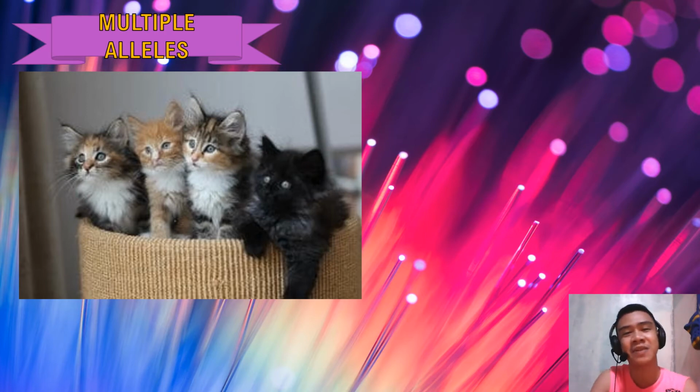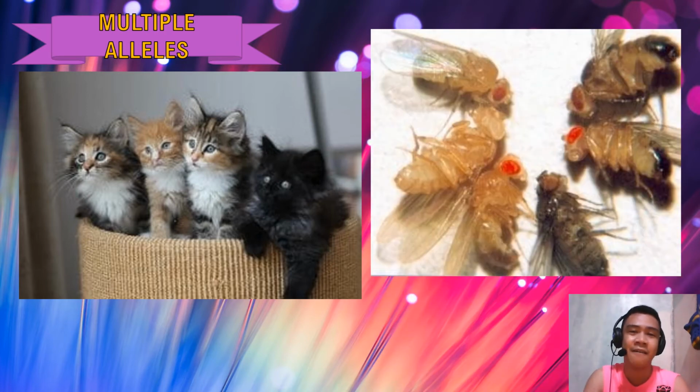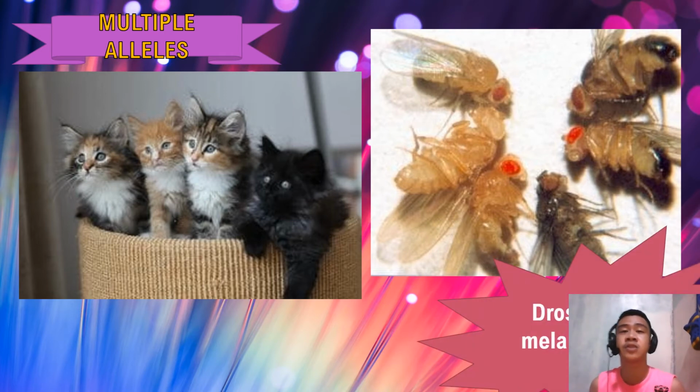Another example of multiple alleles is the fruit fly. In the year 2000, scientists finally succeeded in mapping the complex genome of the common fruit fly, known as Drosophila melanogaster.